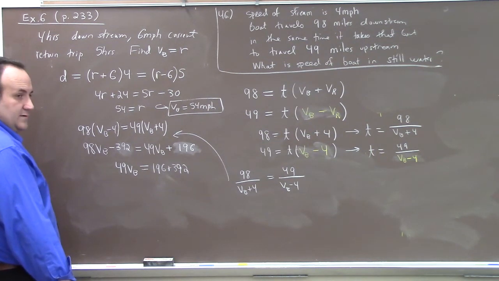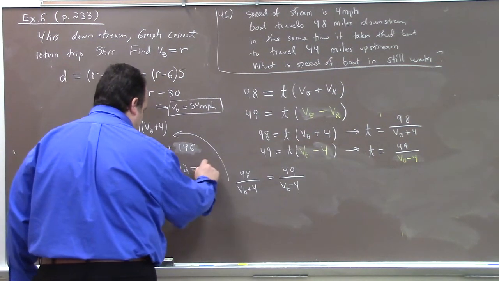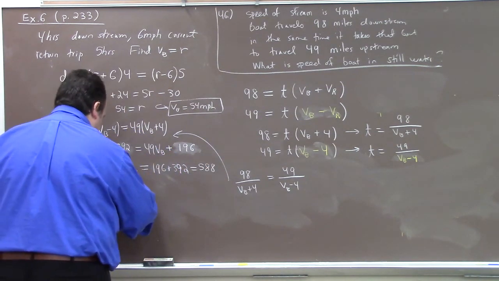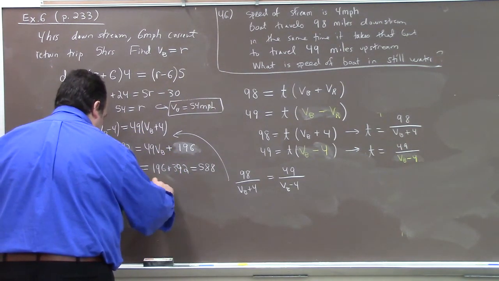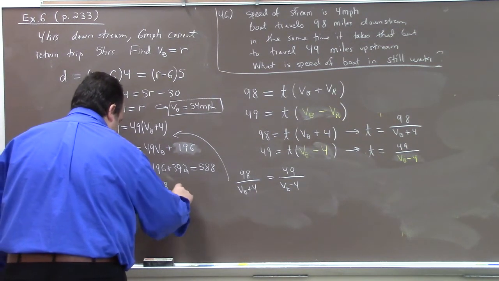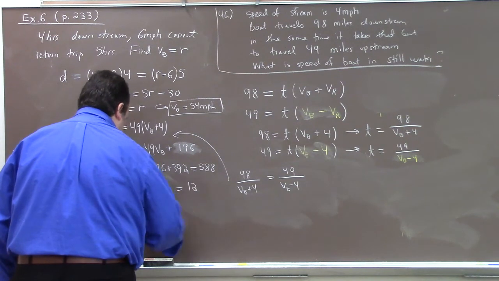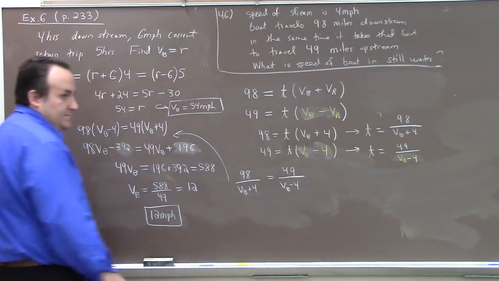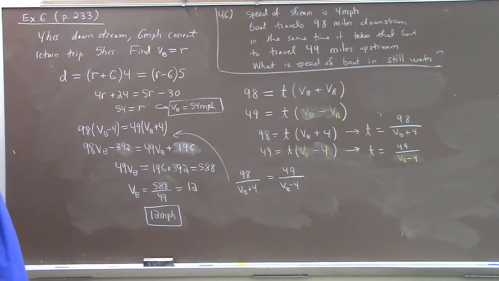Oh, 588. I'm sorry. You said it. My brain skipped or something. So we got VB, finally, is 588 divided by 49, which is 12. So there you go. 12 miles per hour, which is, in fact, the answer in the key.